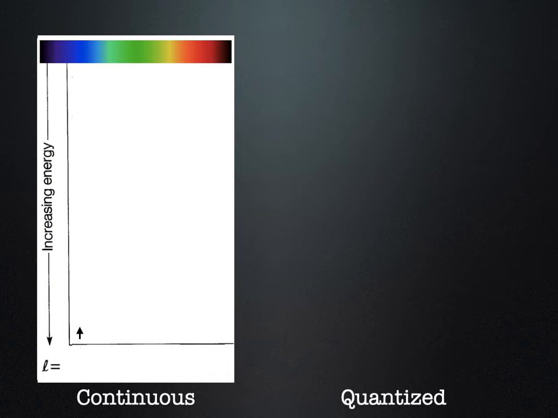If electron energies were continuous, and we were to take this electron in this energy diagram and give it energy, then that electron could go anywhere it wanted. It can gain any amount of energy, and then when it fell back down, every possible frequency of light would be given off. And if you were to separate the light given off by that substance through a prism, you would get a continuous spectrum.